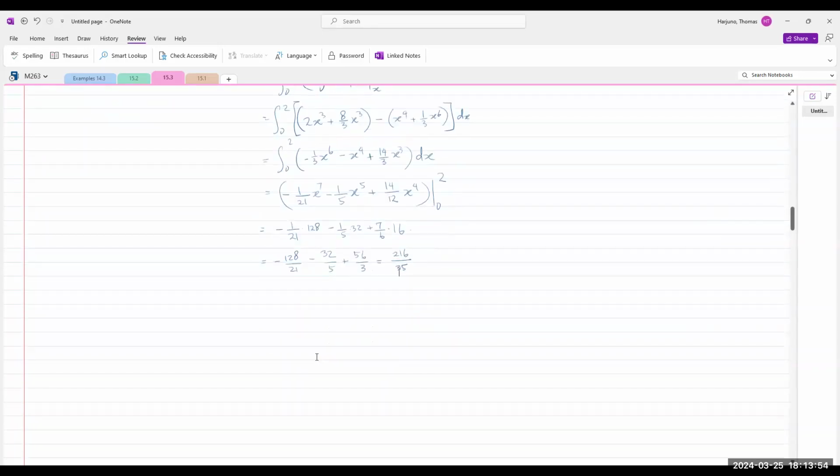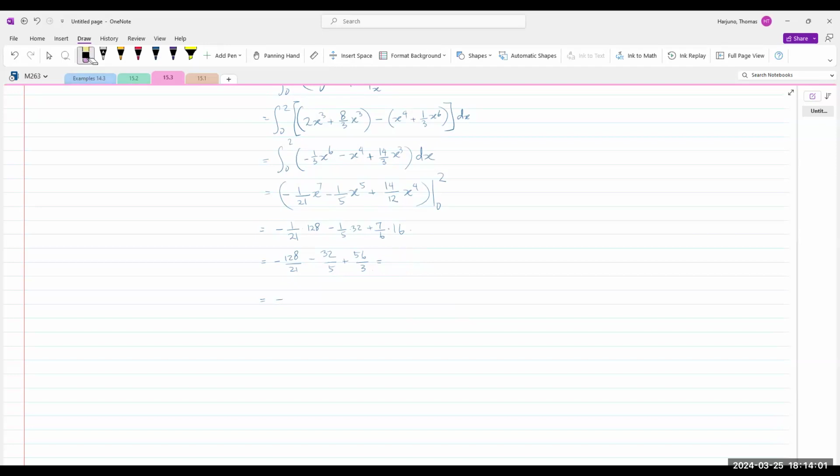Should I show you how to do that? I'm really quite lazy. Let's suppose I don't know this. The LCD is what? 3 and 21 already, so it's 105. So this multiplied by 35, 56 by 35. That's a big number.